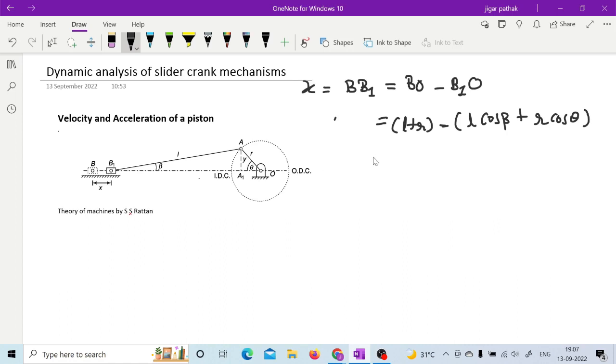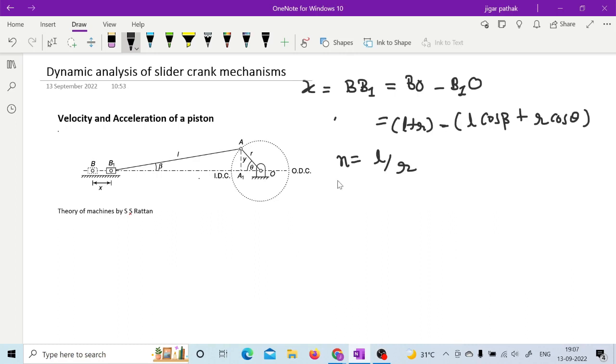Now we define the obliquity ratio N equal to L by R, as we have seen in the previous lecture, while we saw the turning moment versus crank angle, T-theta diagram, where the piston effort is responsible for the turning moment.